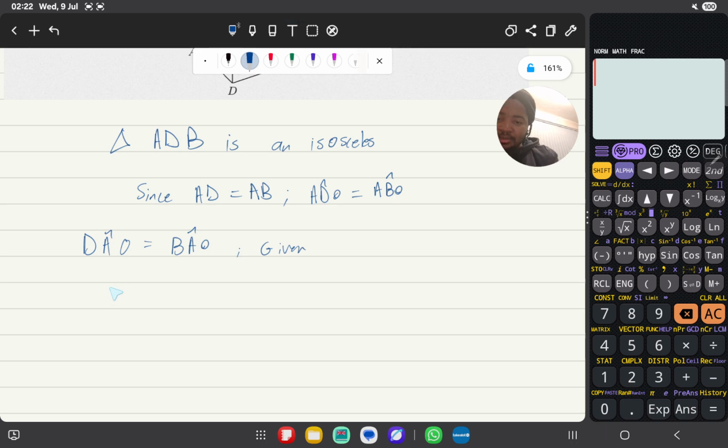Let's say DAO equals BAO equals X. And then we go again and say angle ADO equals angle ABO equals Y.